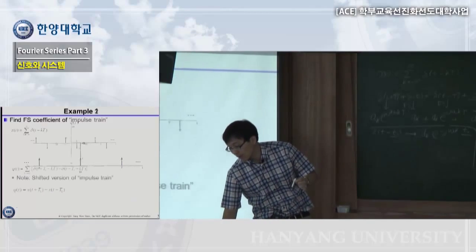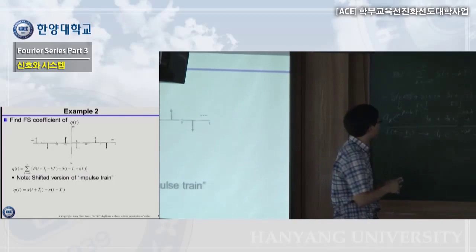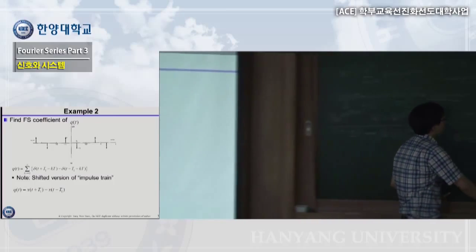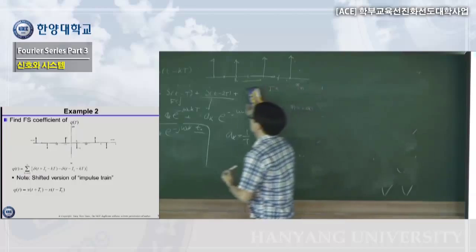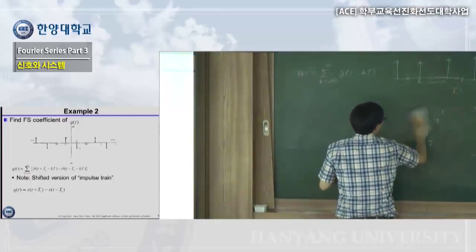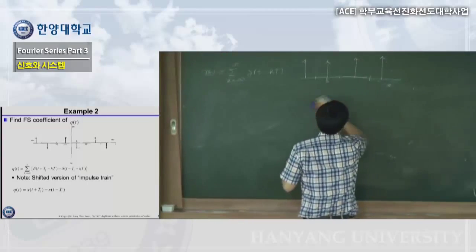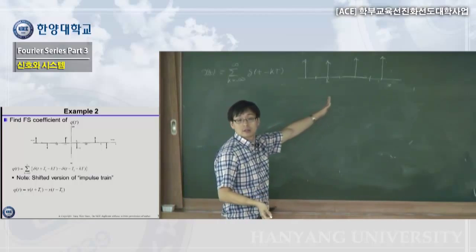Let's bring in another example, a slightly different one. In here, I will not do the detailed calculation, but show you how we analyze the problem. Before that, we have this impulse.